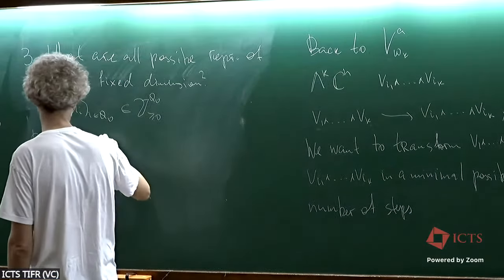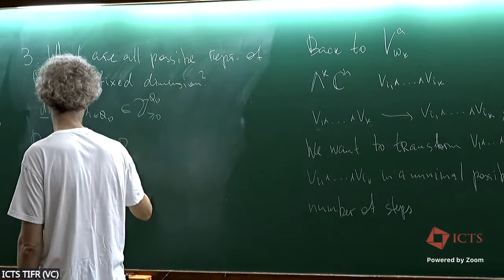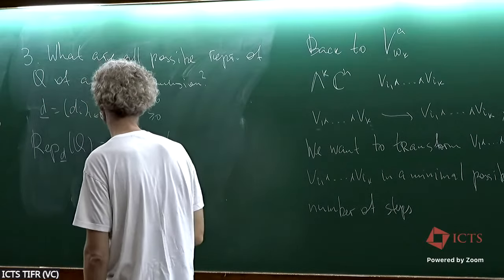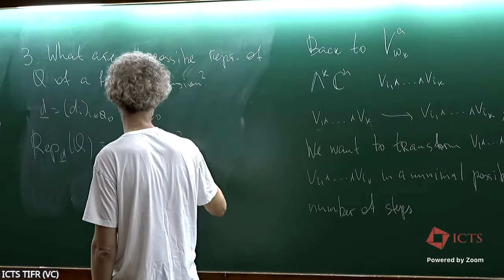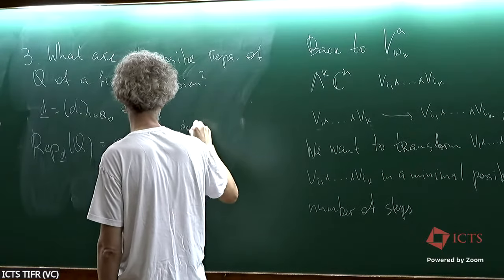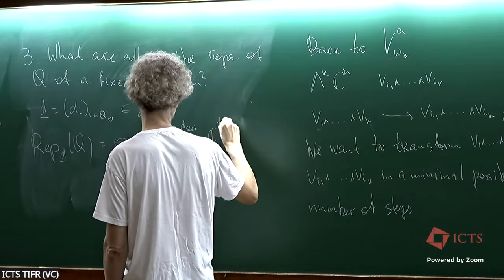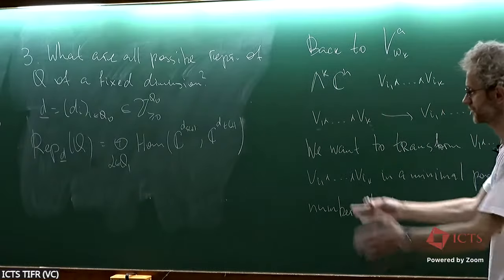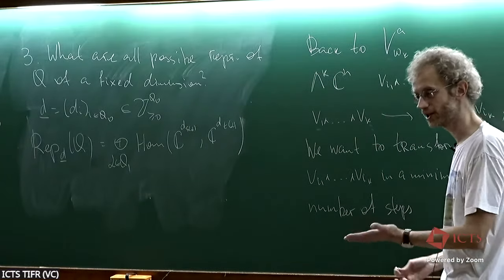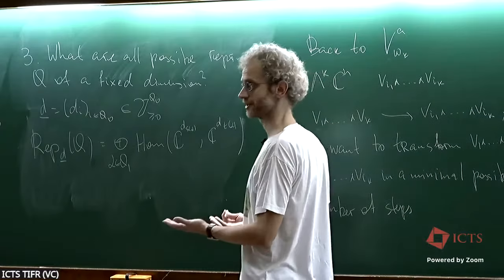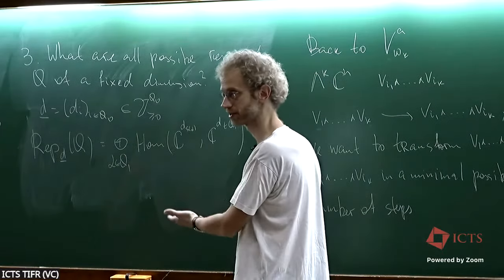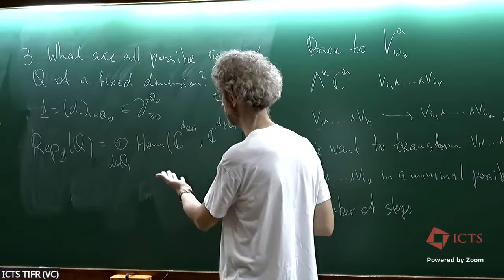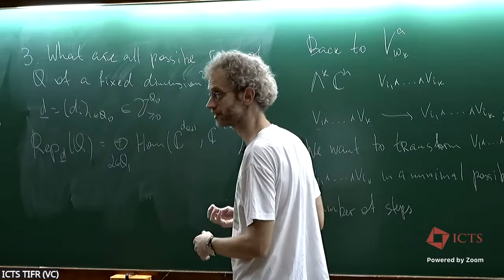This is just the direct sum over all alpha in Q_1 of Hom spaces from C^{d_{s(alpha)}} to C^{d_{t(alpha)}}. This is an obvious thing: to define a representation, we have to define spaces and maps. The spaces are fixed because the dimensions are fixed. The only thing we need to define is the Hom spaces.